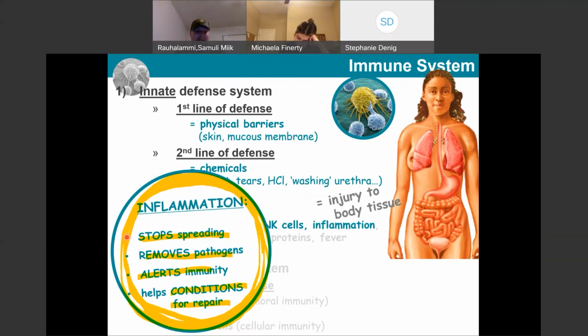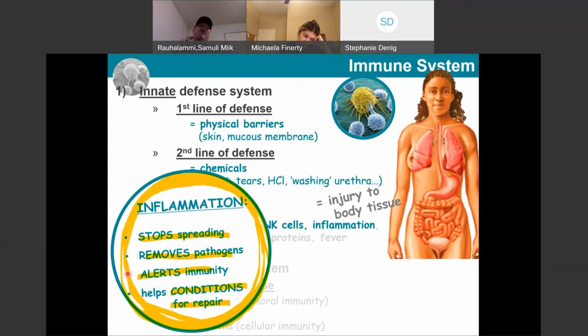We're dealing with it. We're also removing all these pathogens at the site of inflammation. Remember the rich amount of white blood cells that flows in there now with the rest of the blood. This is also great in that it alerts the rest of the immune system that something's happening that we need to deal with. We talked about how you can feel that there's inflammation going on by feeling the lymph nodes.